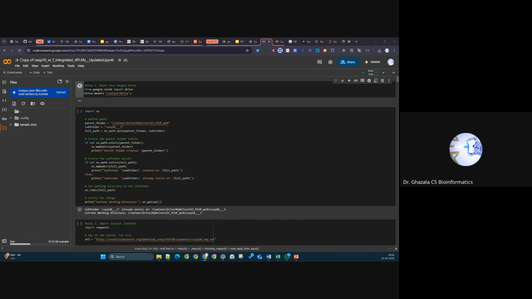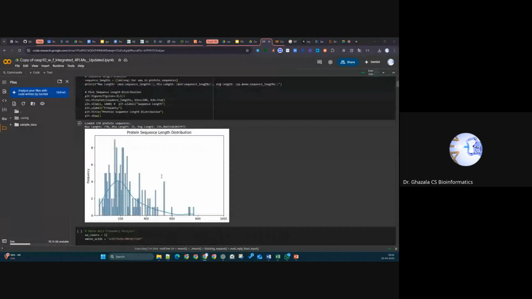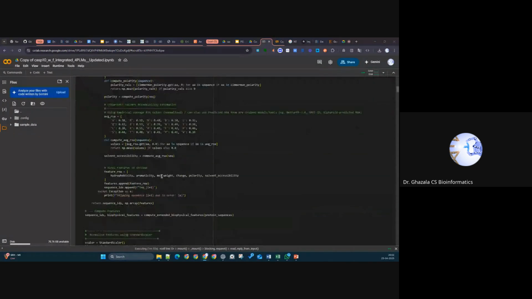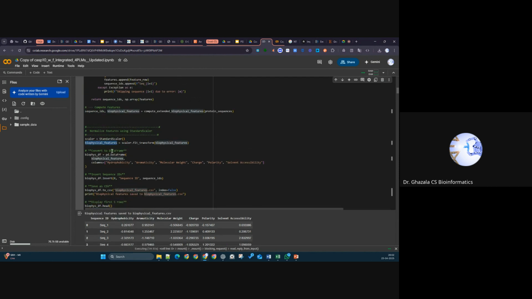Okay. So what happened is, when we were working with the 3PLM script, what I tried was without normalizing the data. Here in this step, where we are performing normalization, right now we are saving our biophysical features in the same variable which is already defined for biophysical features.